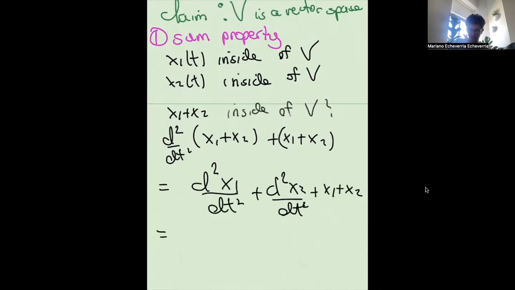But then you can combine them. These two go together, so this is the second derivative of x1 with respect to t squared plus x1. And then you can combine these other two together.